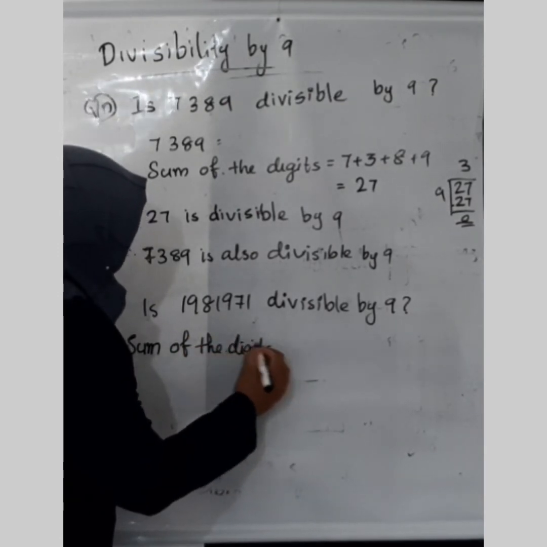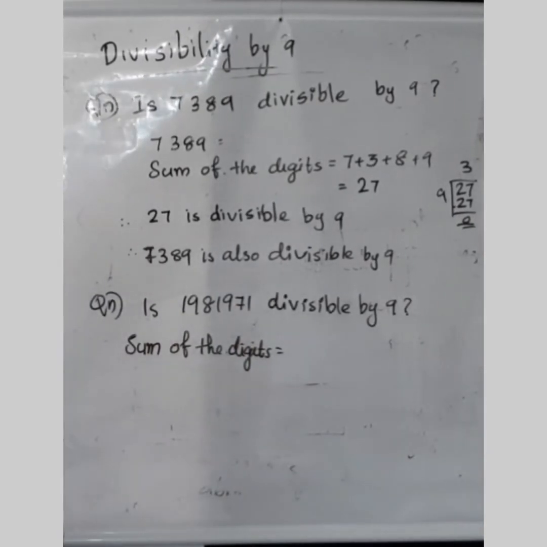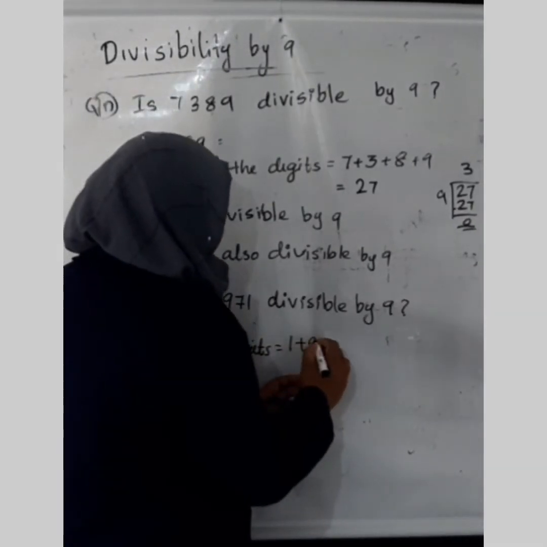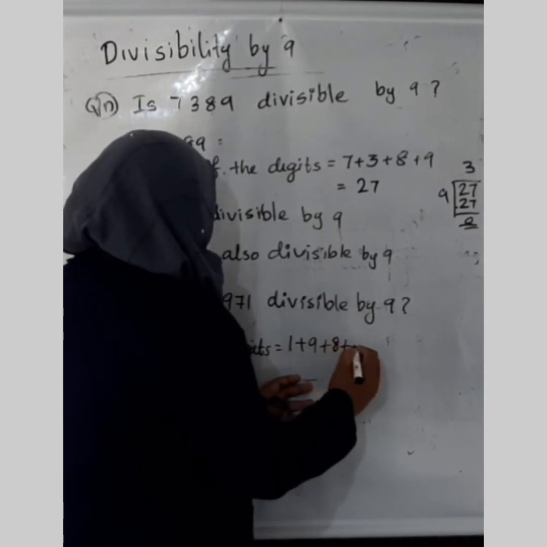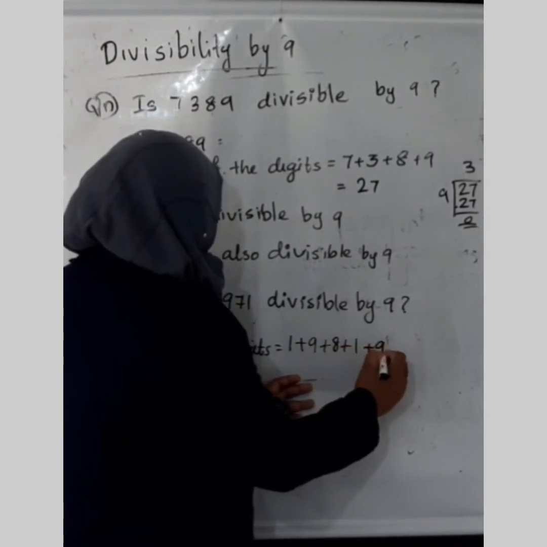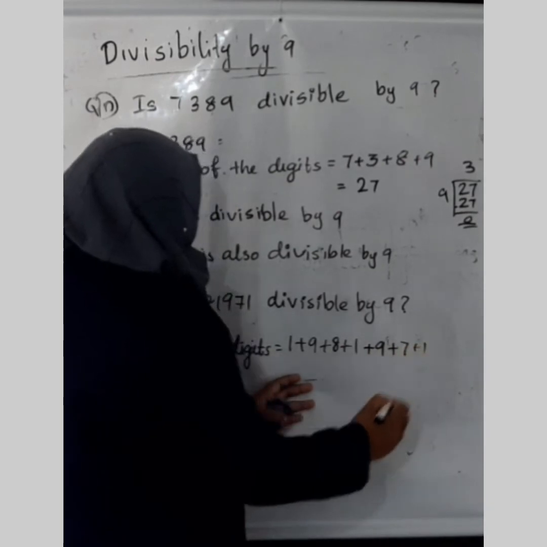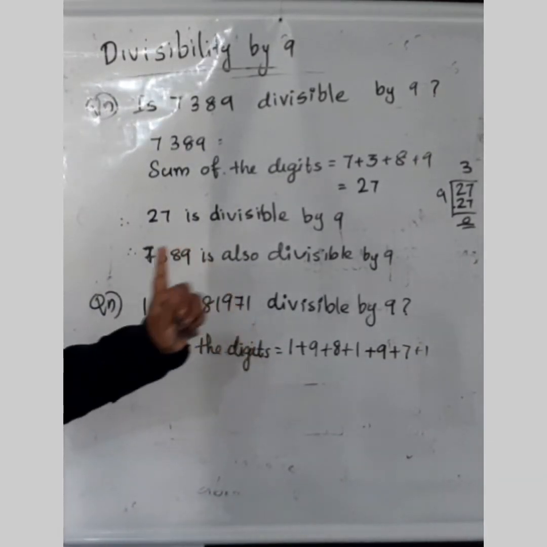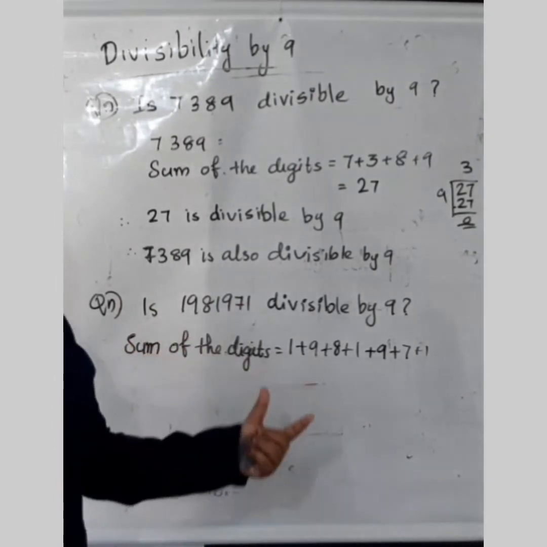We have to find the sum of the digits first. How we will find the sum of the digits is we have to add all the digits of the given number. What is the number we got? 19,81,971 is the number.